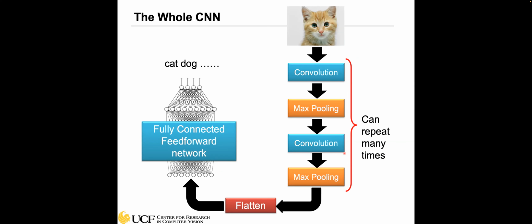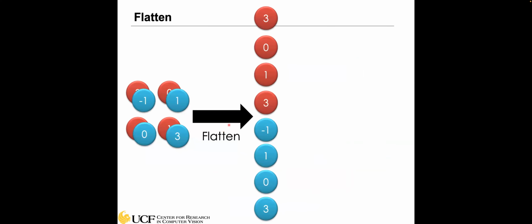Okay, so we have already talked about convolution and max pooling. Towards the end, we will do the flattening layer. Basically, you just collapse all the feature maps. Let's make this example simple: say you only have 2 feature maps, and each has a resolution of 2 by 2.